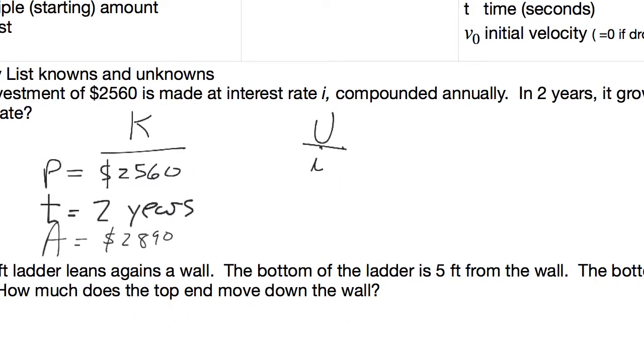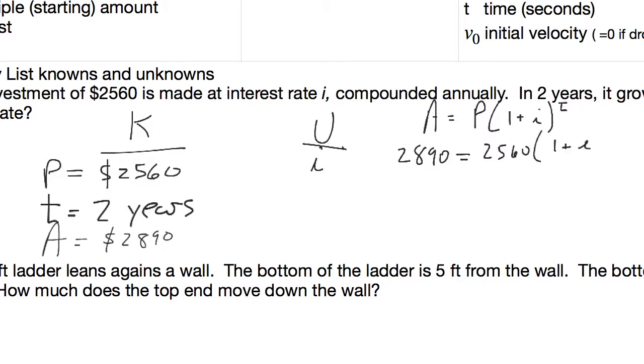Using the formula A equals P times 1 plus I to the t, we fill in everything we know, and that is this. 2890 equals 2560 times 1 plus I squared. Oh, this looks like a quadratic equation. Let's undo the multiplication first by dividing both sides by 2560. Like this.